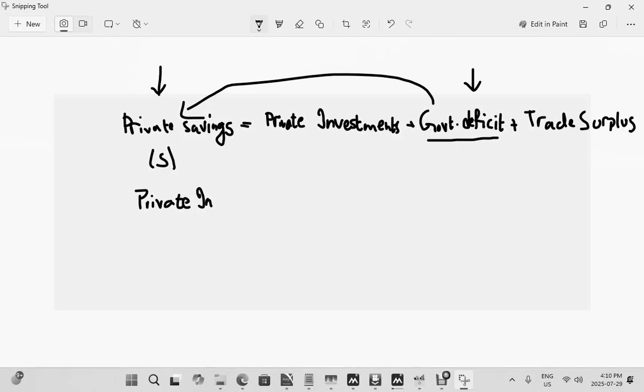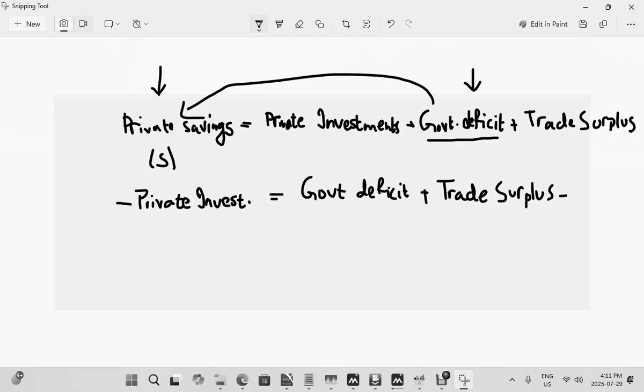Your private investments equal government deficit, plus trade surplus, minus private savings.